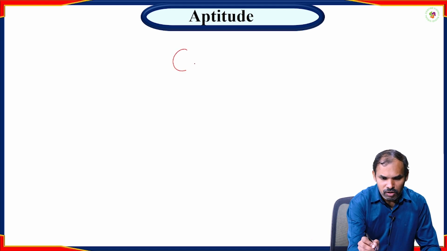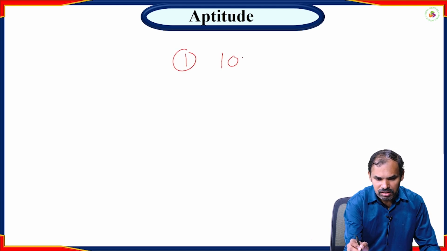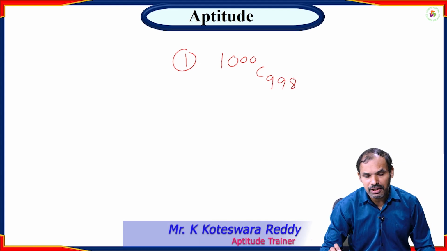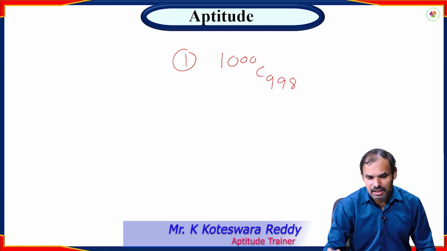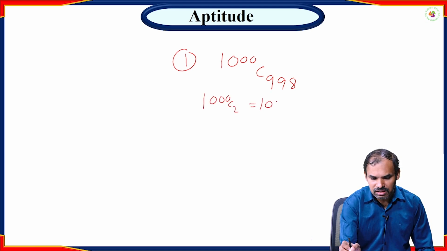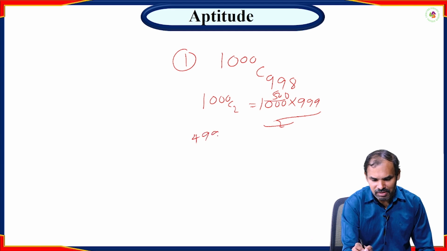First one: what is the value of 1000C998? 1000C998 can be written as 1000C2. 1000C2 means 1000 into 999 by 2, 2 fives are 10, so the answer is 499,500.